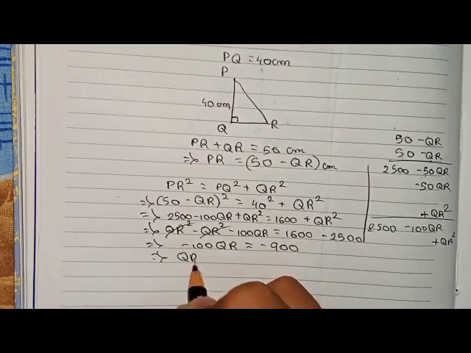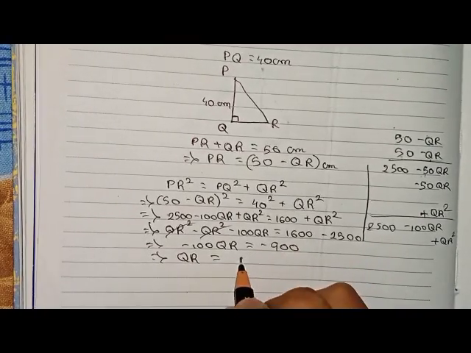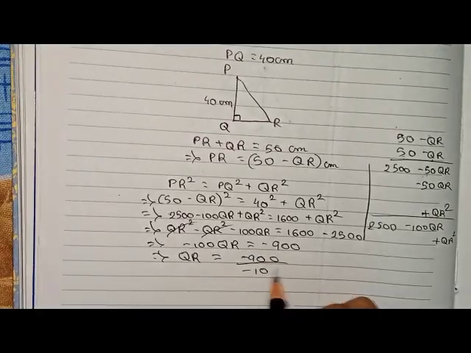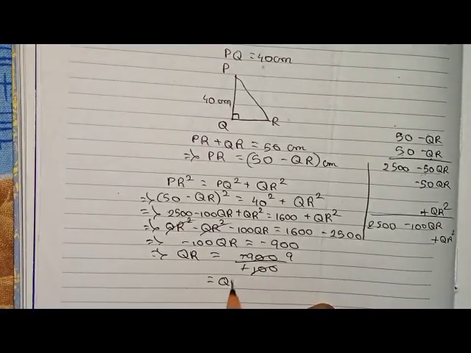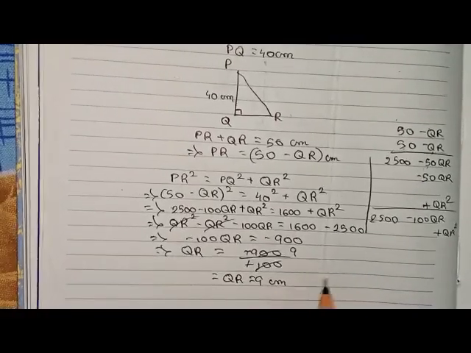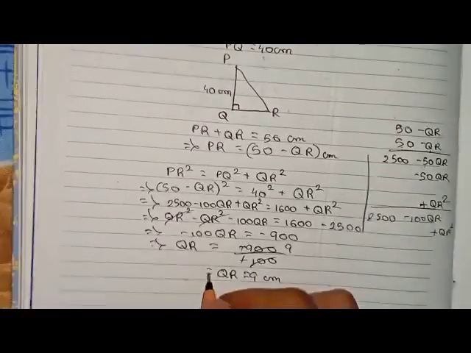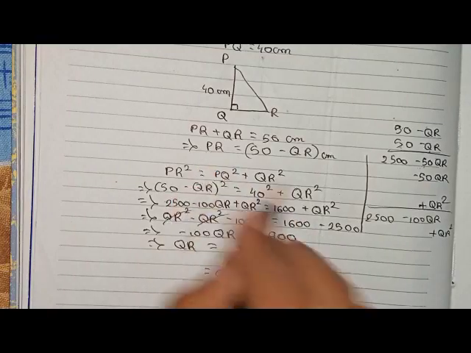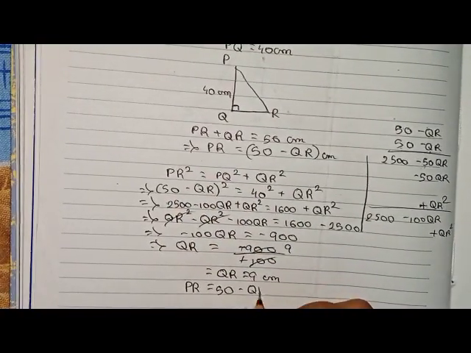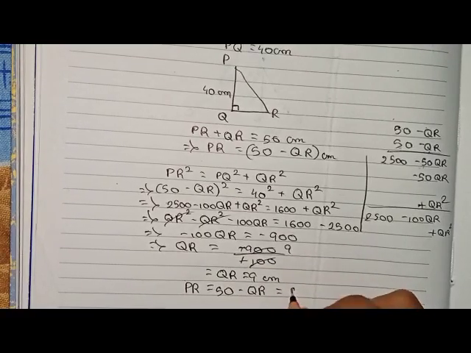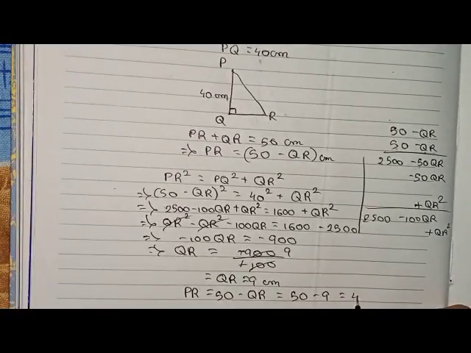So QR is equal to, now 100 goes for division here, QR is equal to 9 centimeter. So therefore this PR is equal to 50 minus QR. So 50 minus 9 is equal to 41 centimeter.